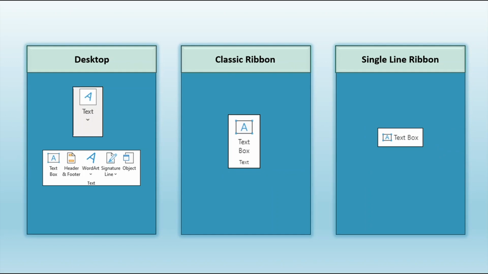You may be surprised to see that within the Insert tab, you have a text box that allows you to insert all kinds of text in Excel. Maybe not so much with the classic and single line ribbons, but look at the desktop version. Let's see what else we could do.